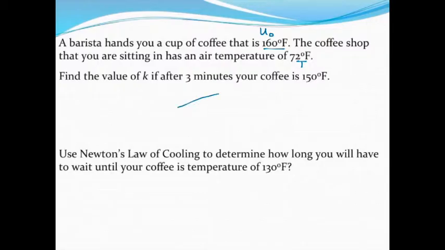To answer our first question then, they ask us to find K, that constant, if after 3 minutes, so there's our lowercase t for time, the temperature of our coffee has cooled off to 150 degrees. Well, that represents the U of t part, the sort of answer to my equation, the final temperature in this case. So having all of those variables identified, let's go ahead and get those plugged into our equation.